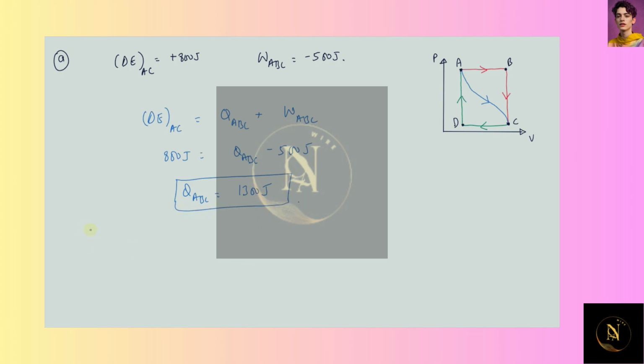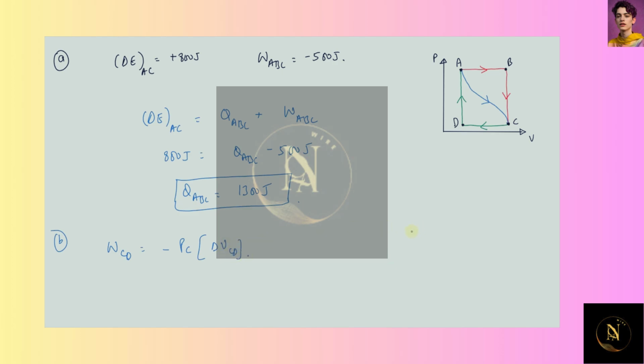Next we'll be solving the B part of the question. In the B part we have to find the work done in the process C to D. Now work done C to D will be equal to, since we know that it's a constant pressure process, minus PC times delta VCD.